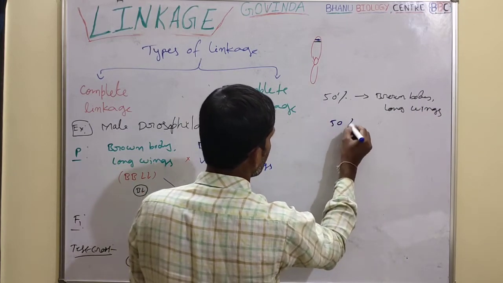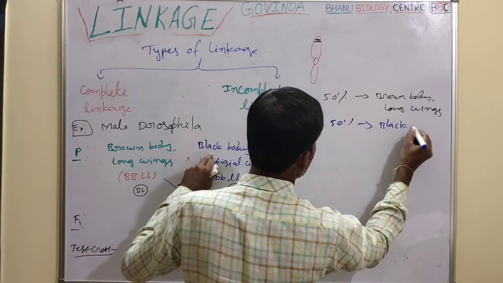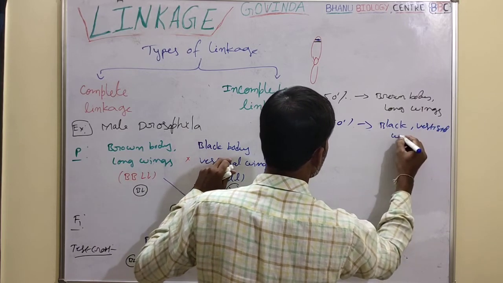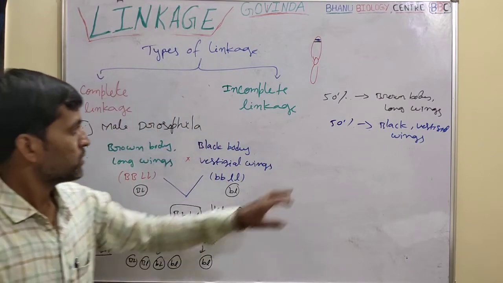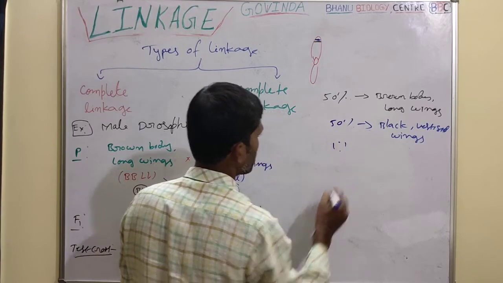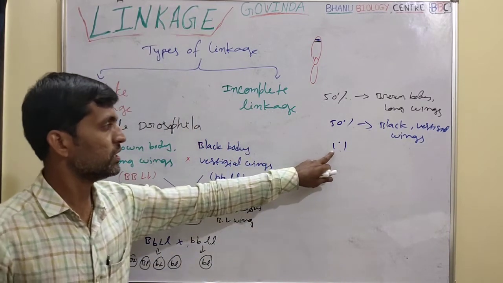The remaining 50% of offspring are black in color and have vestigial wings. So this is the test cross result, 1:1, right? This is the test cross result.